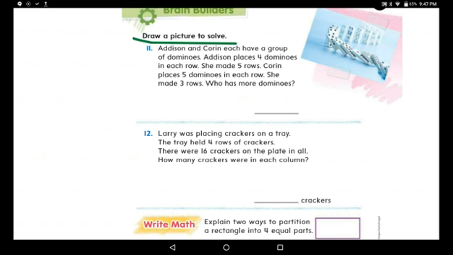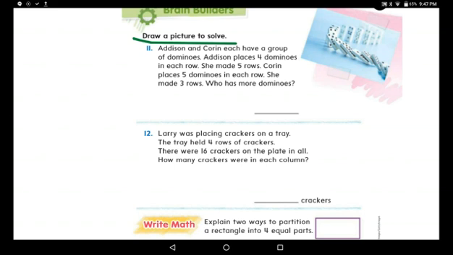Addison places 4 dominoes in each row. She made 5 rows. Corinne places 5 dominoes in each row, but she made 3 rows. Who has more dominoes?